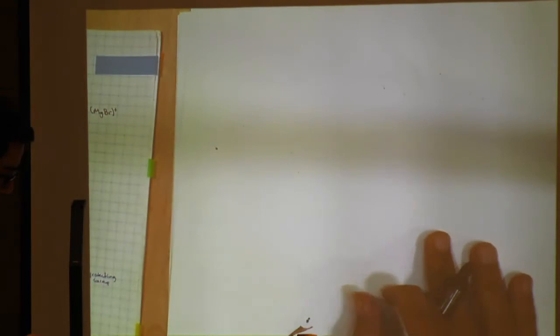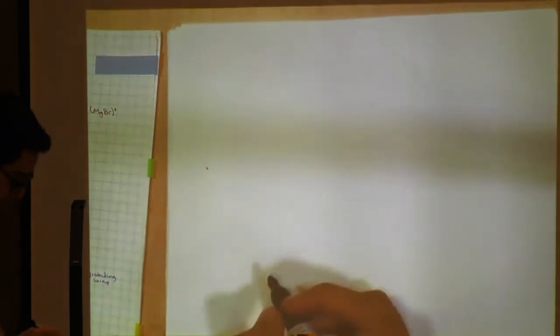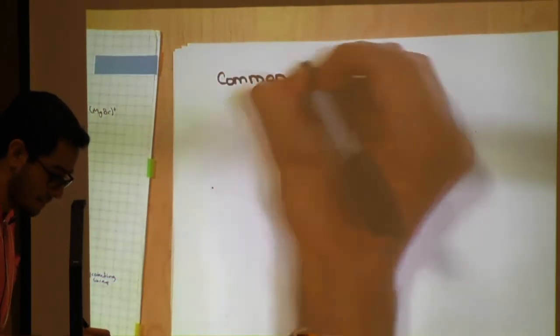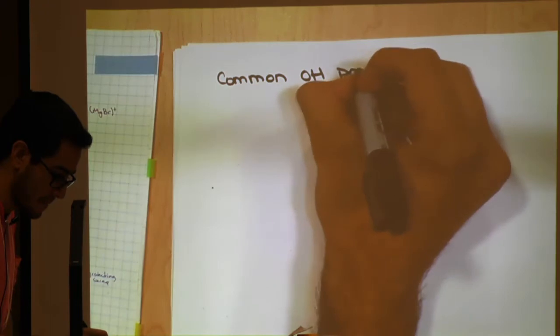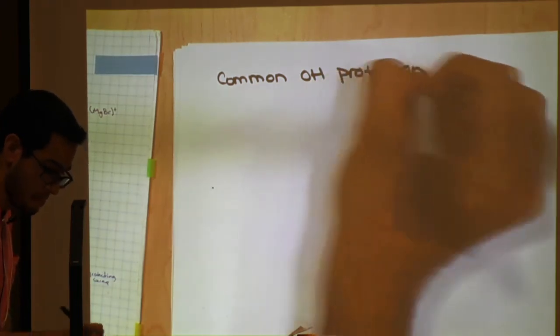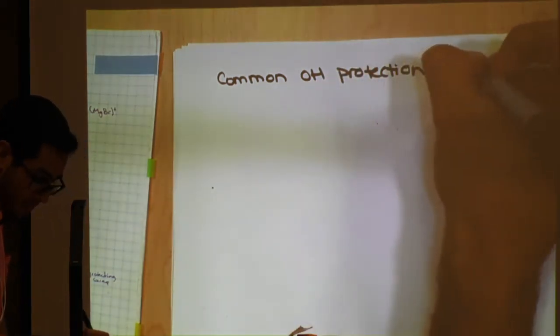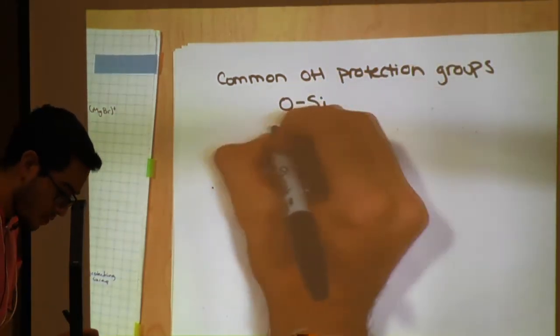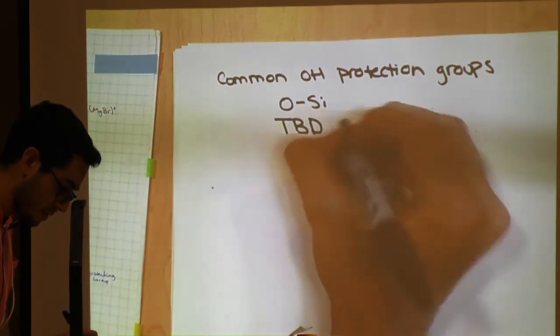So essentially the protection groups, you use them when you want to protect a certain substituent. It kind of forces your organometallic to react with the opposite end. And that's just to keep substituents or tails protected. So usually the common OH protection groups would be O bonded to silicon, or TBDMS.